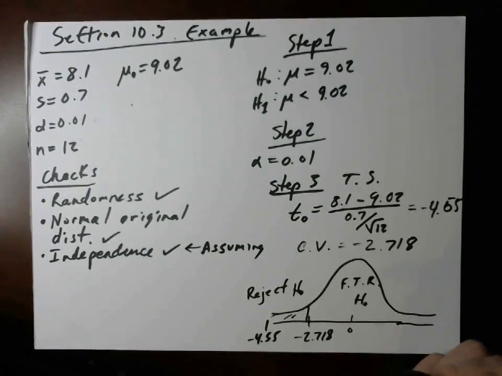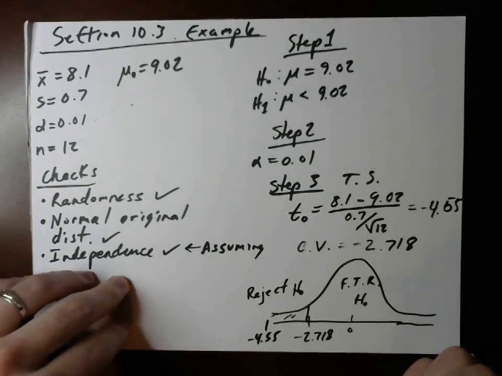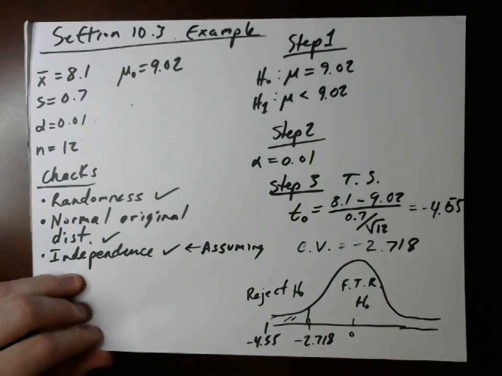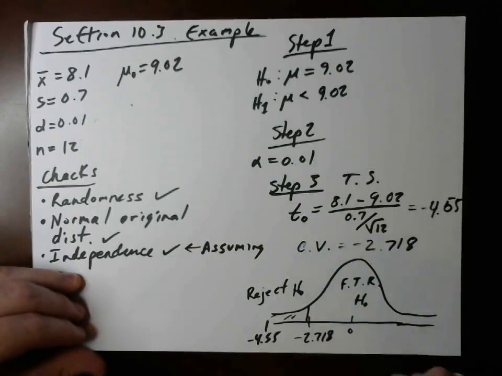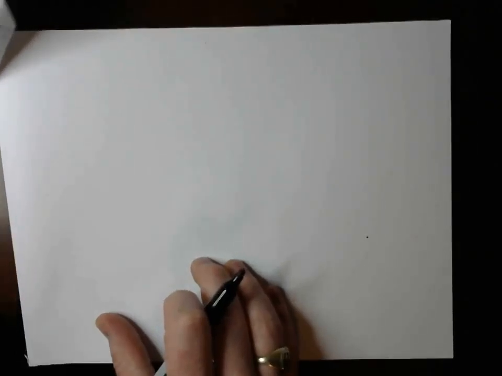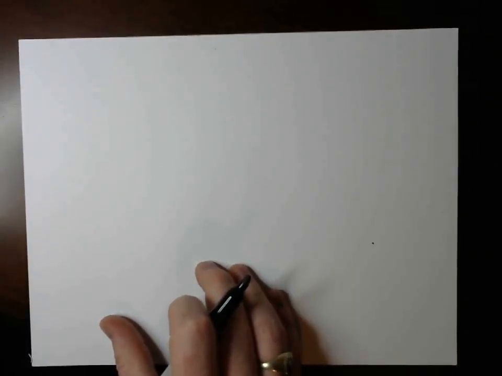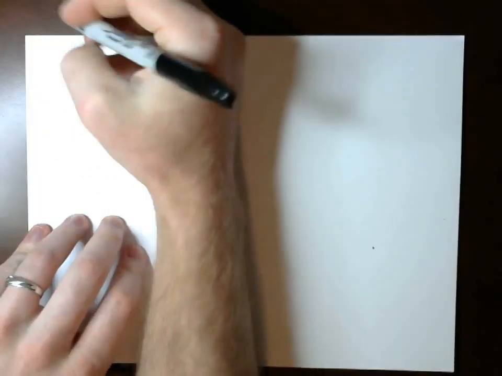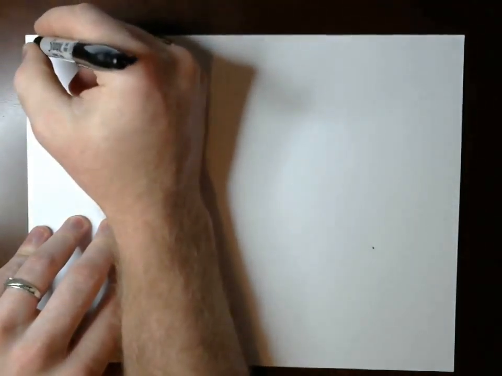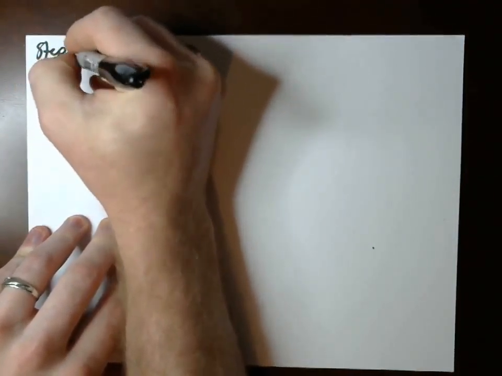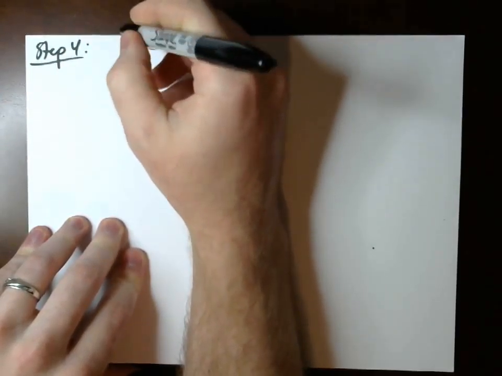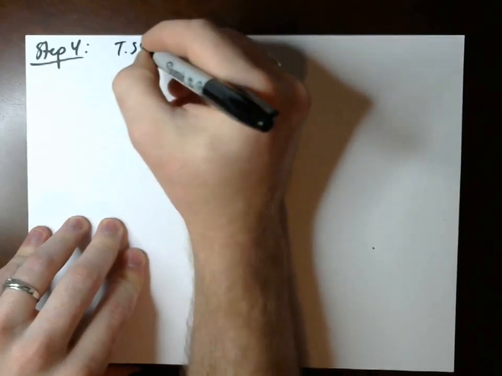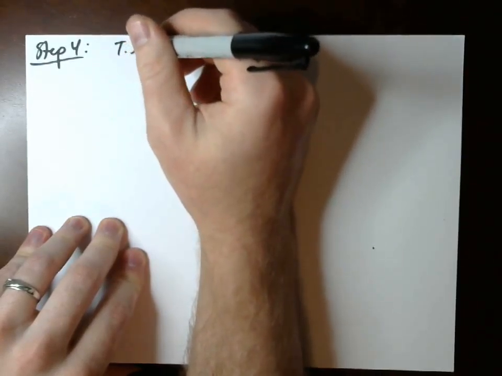Okay, so I'm going to leave it up to you to determine the p-value, and I'm going to make this example a little shorter, doing the p-value approach. But as we can see from step 4, our test statistic, I'll put TS, is further away from the 0.